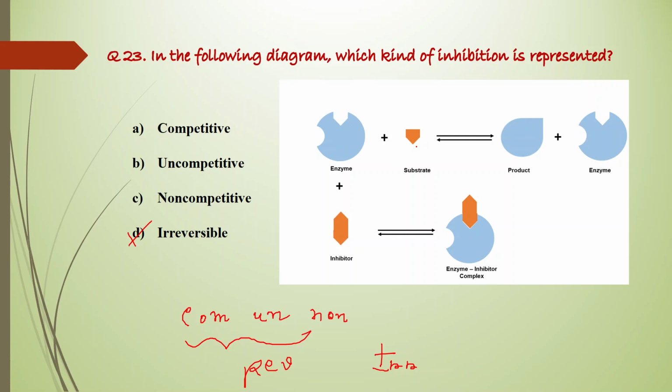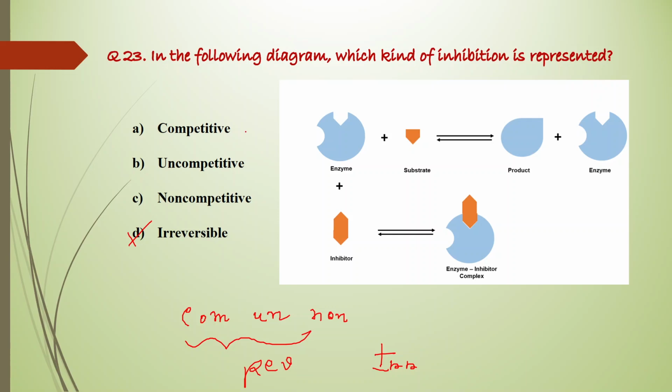Because in every place we can see that there is an equilibrium sign, that the substrate can bind and can also reverse back. In case of the inhibitor as well, the binding of inhibitor with the enzyme is happening in a reversible process. It can bind but then can again come back to free enzyme and free inhibitor. So the whole process is reversible. So our fourth option is automatically cut out.